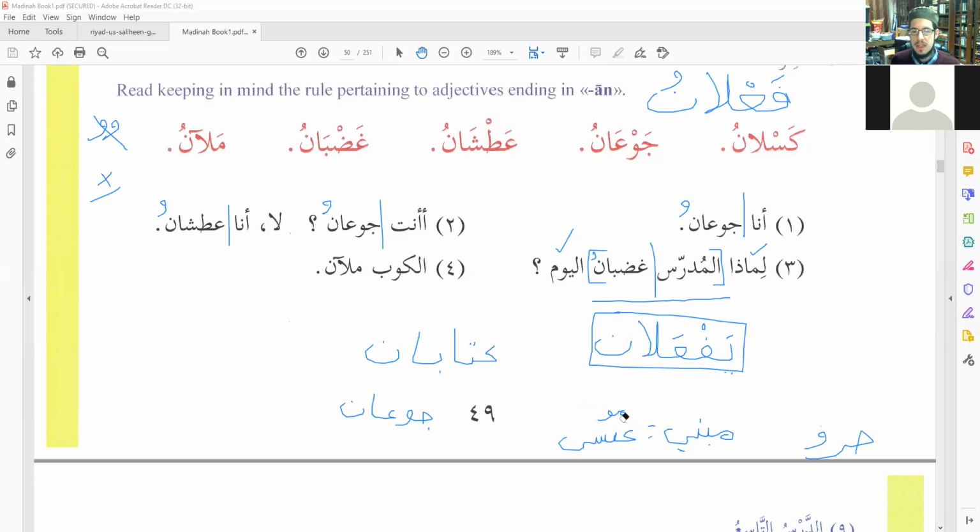Mamnu' min as-sarf is something similar when we have an ism that resembles a fi'l. It resembles a verb. So this is the verb that these phonetic forms are resembling. You can see kitaban and jo'an resemble yaf'alan. Or even better yet, past tense, fa'lan. There you go, right there. It looks almost exactly the same. It is exactly the same from our pattern that we made up here.